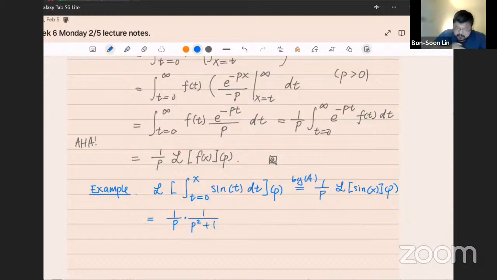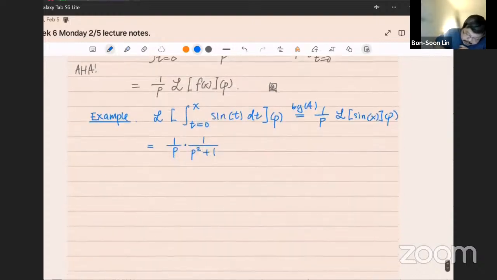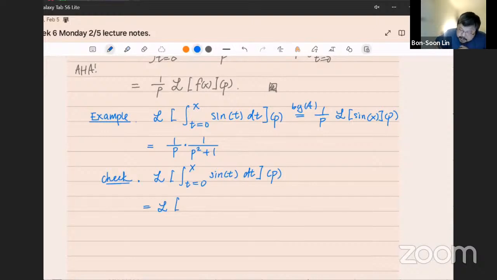Well, let's do it carefully and check. We can actually calculate this antiderivative exactly. But remember, this is a definite integral, so we have to do it carefully. There are bounds to consider. You cannot just say the integral of sine is just cosine. The antiderivative of sine is indeed minus cosine, but you have to evaluate from 0 to x.